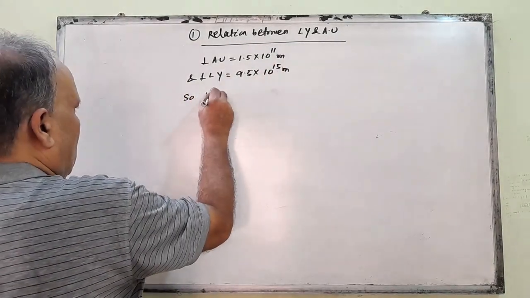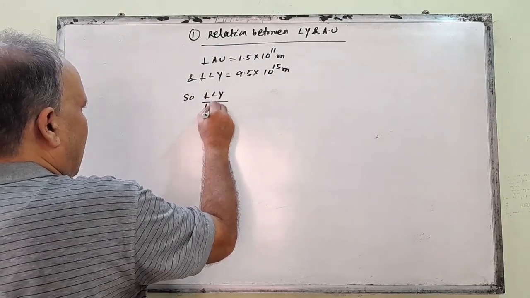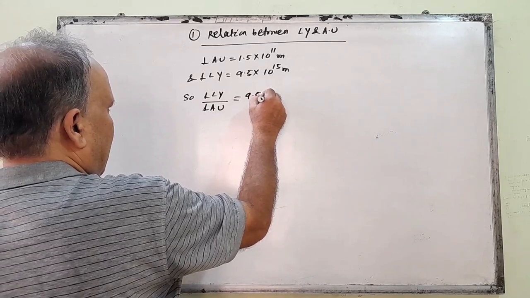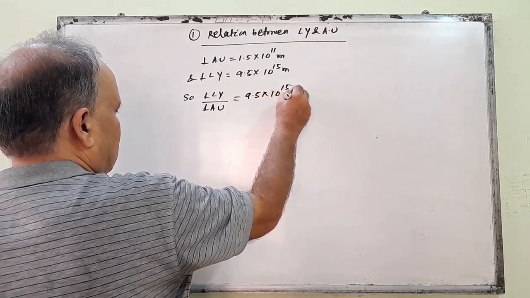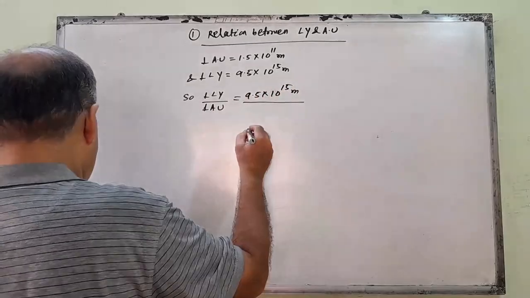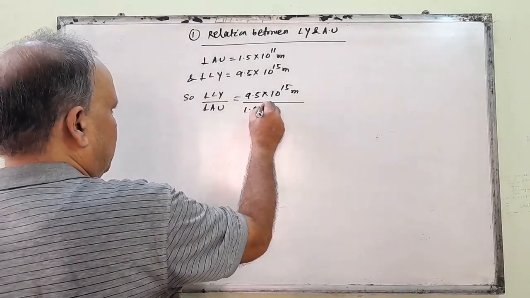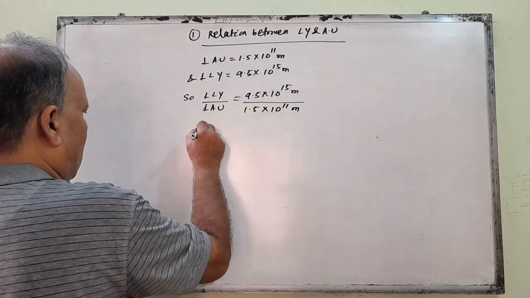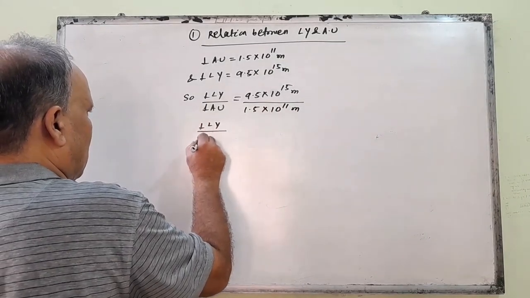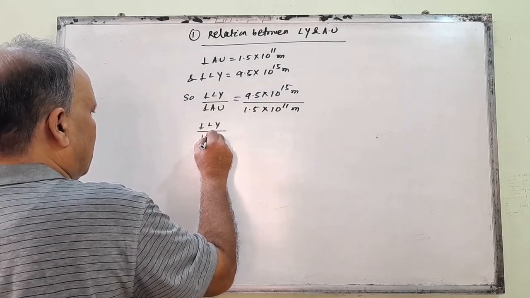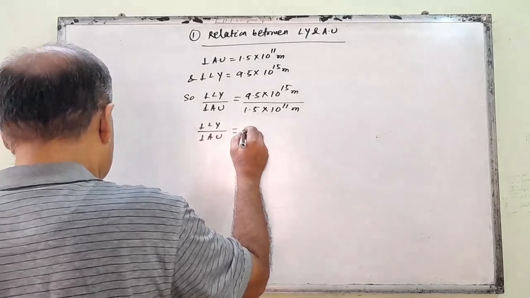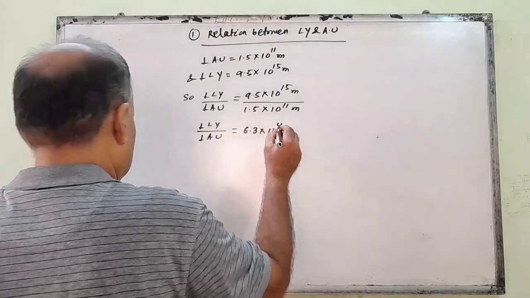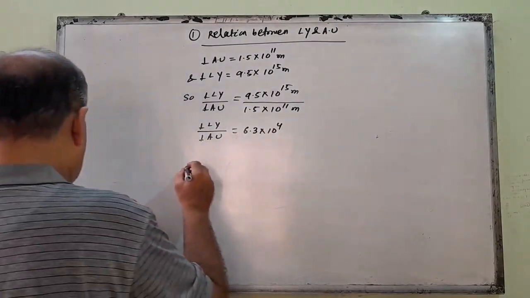So, one light year by one astronomical unit is equal to 9.5 into 10 to the power 15 by 1.5 into 10 to the power 11 meter, which is 6.3 into 10 to the power 4.